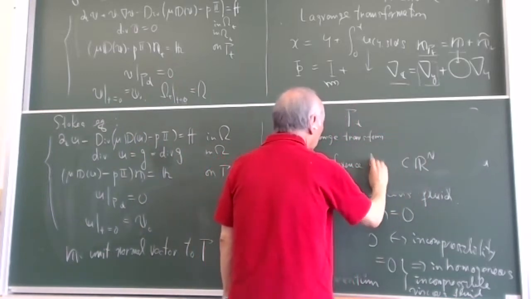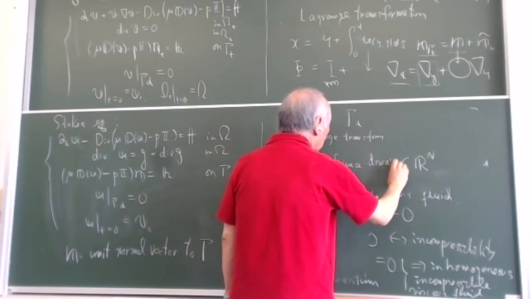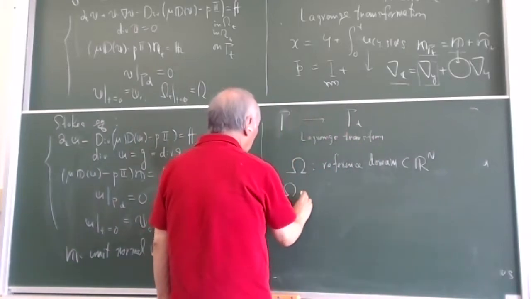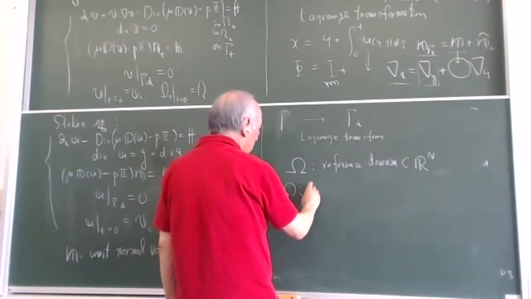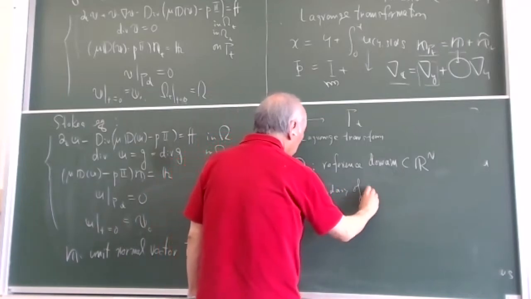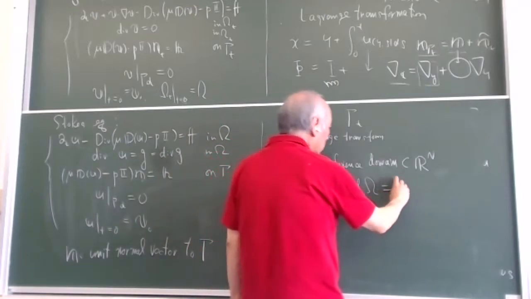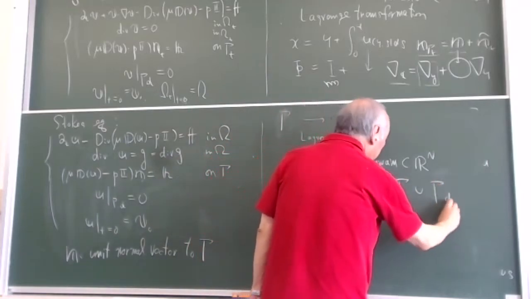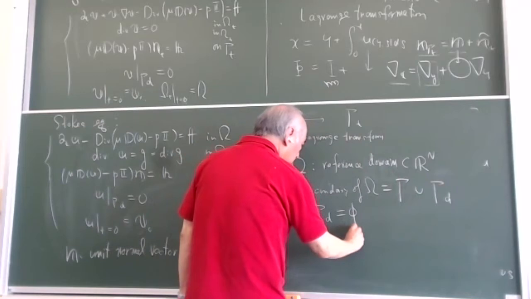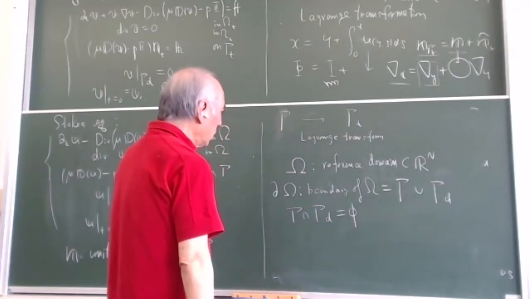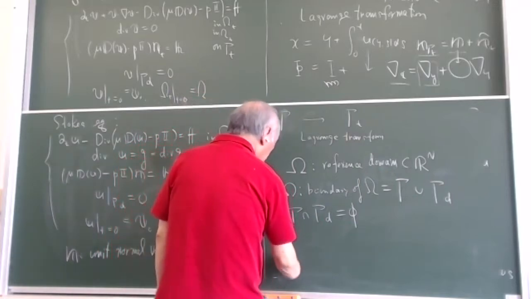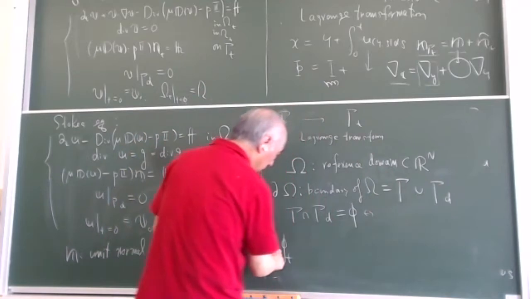And the boundary of Omega has two components, gamma d and gamma.